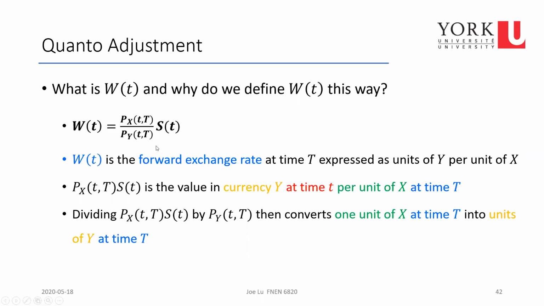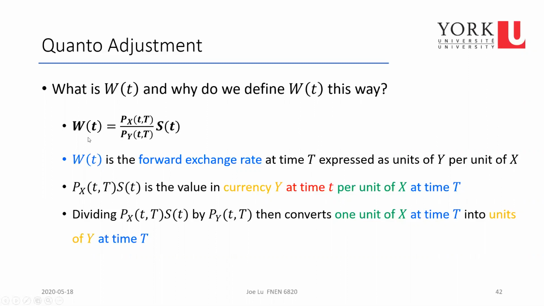So why are they equal? Well, let's say you have $1 Canadian and you convert it with ST to X number of dollars in US, and you divide it by PY, which means that you invest under a rate, say this PY is a 1-year discount factor. So 1 divided by this PY allows you to invest that at the US interest rate for 1 year.